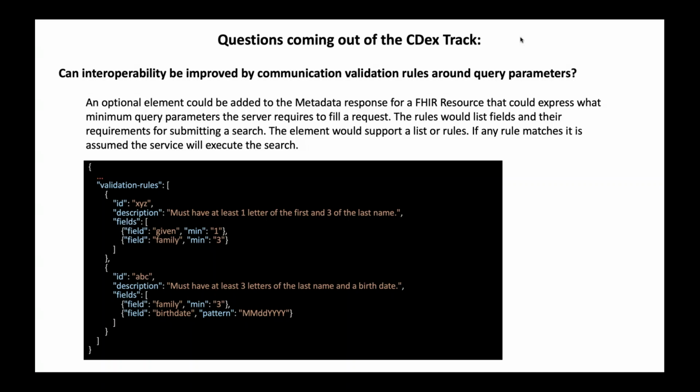One of them was whether we could improve the interoperability between systems by allowing the metadata to specify what query parameters were required in order to make requests. So we came up with a sample schema of what we could put in there, that we could then check on the requester side before we made the request, to verify that we in fact validly provided these parameters.